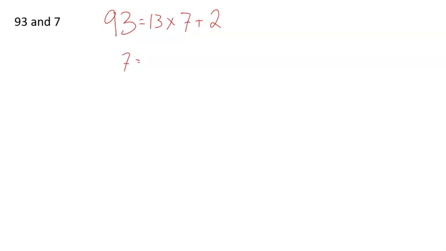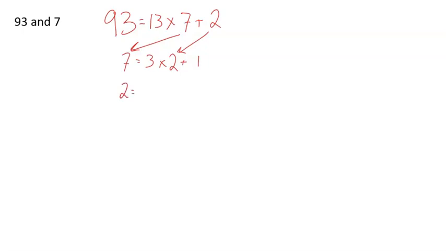This time though, my divisor from the previous one, my 7, becomes my dividend. My new divisor is the remainder of the previous line, so it'll still give me the same format, all that's changed is the numbers. So 7 equals something times 2 plus a remainder, well it's 3 2's plus 1. We still have a remainder, so we go again.